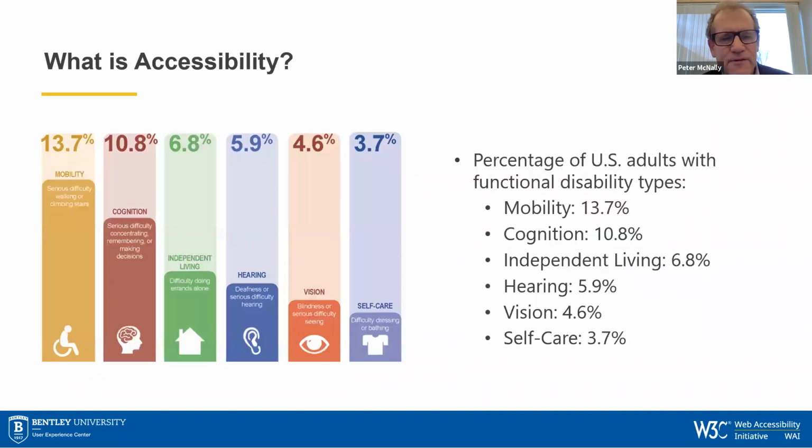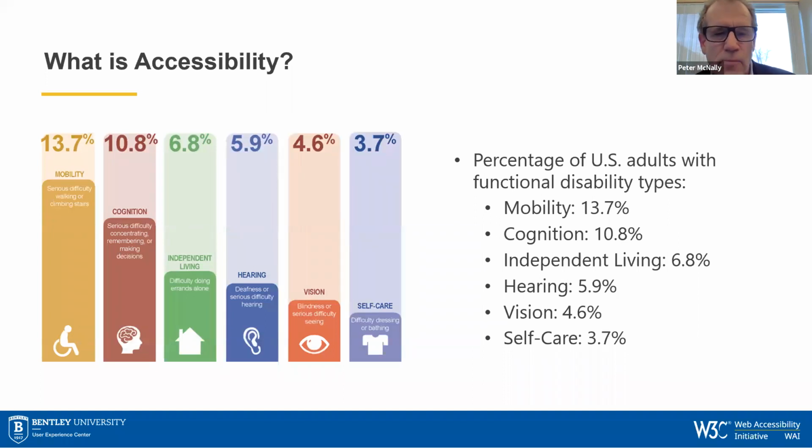So some more stats from the CDC. I just want to bring home the fact that accessibility is very important because lots of people benefit from accessible products. For example, this is the percentage of US adults with different functional disability types.